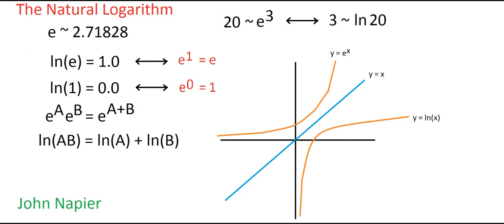So I would say that the natural logarithm of 1 is 0, or that e to the power of 0 equals 1. These are essentially equivalent statements. The other feature of the natural logarithm is that the natural logarithm of e itself is 1, or, again equivalently, e to the 1 is equal to e.